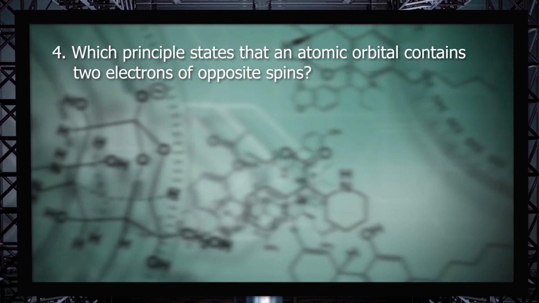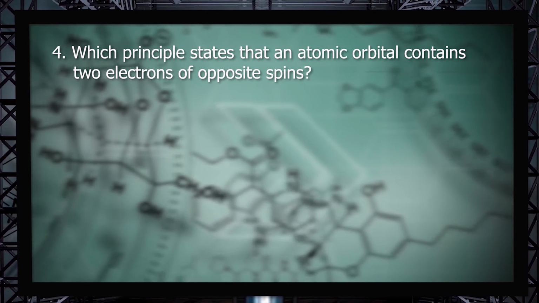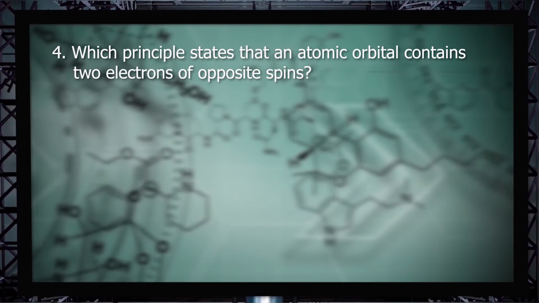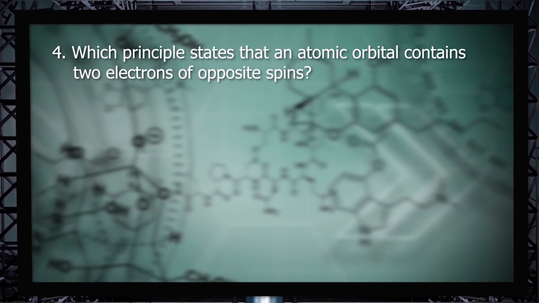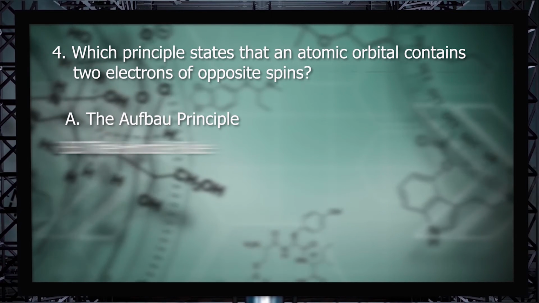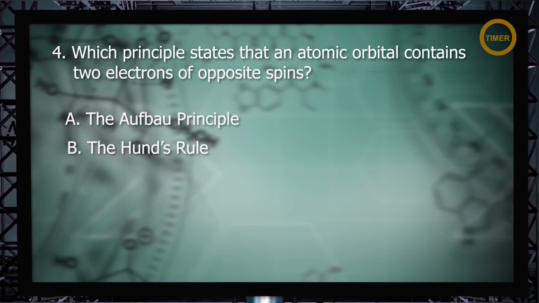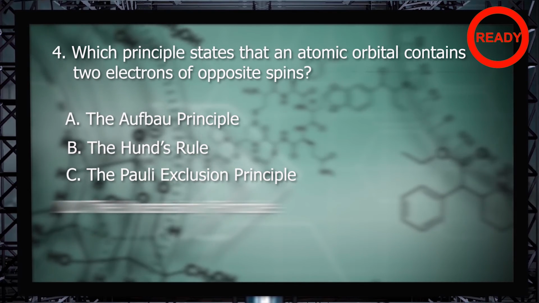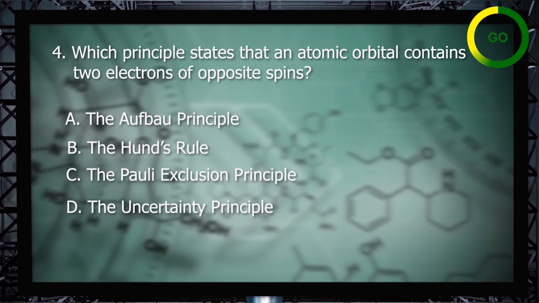Number 4. Which principle states that an atomic orbital contains two electrons of opposite spins? A. The Aufbau principle. B. Hund's rule. C. The Pauli exclusion principle. And D. The uncertainty principle.